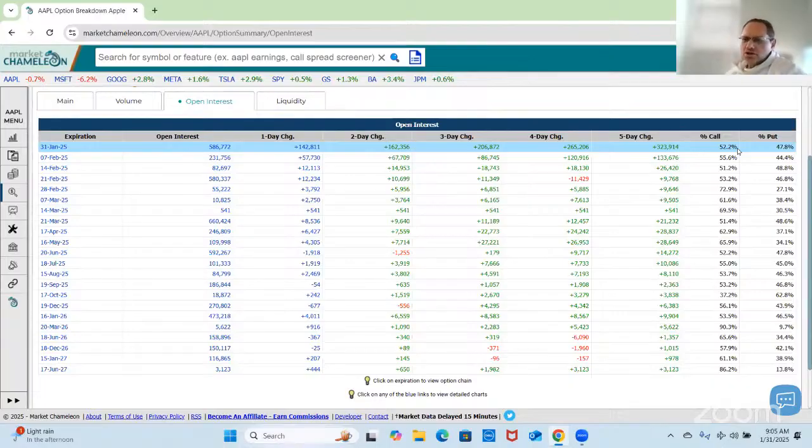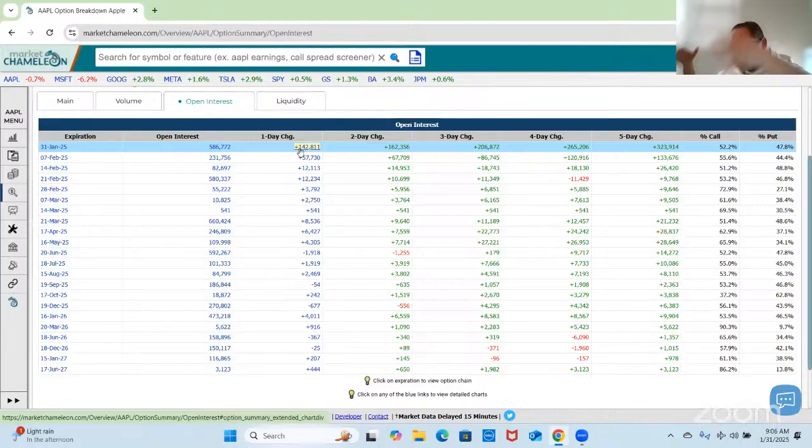So let's say we wanted to go a little bit deeper and see this change in 1 day, and get a visual of where that change occurred, because now we have different option strikes and we have calls and puts within the expiration.